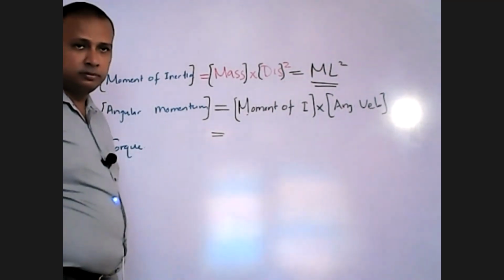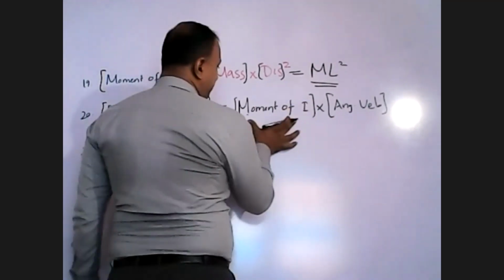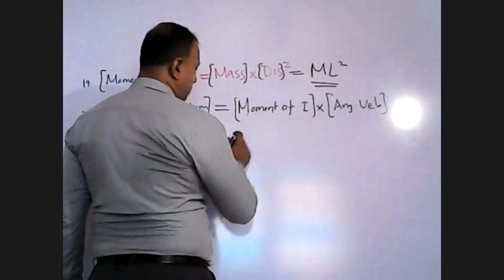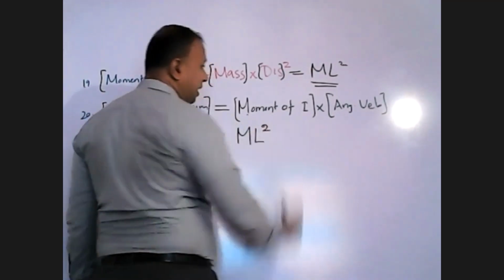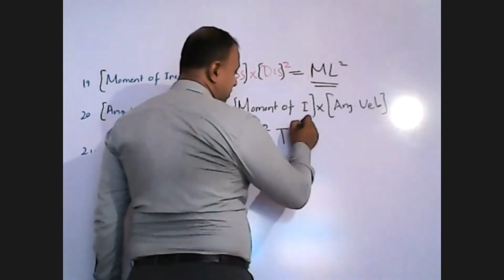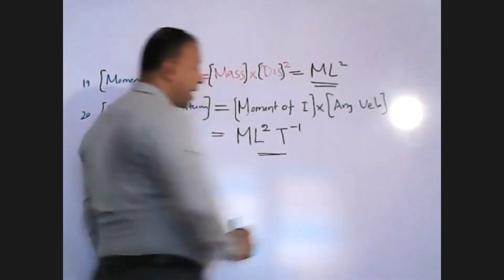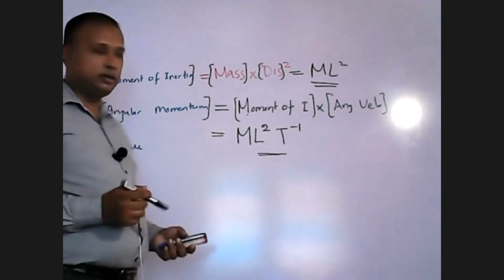ML squared T minus 1. The dimension of moment of inertia means ML squared, into angular velocity T minus 1. So ML squared T minus 1.